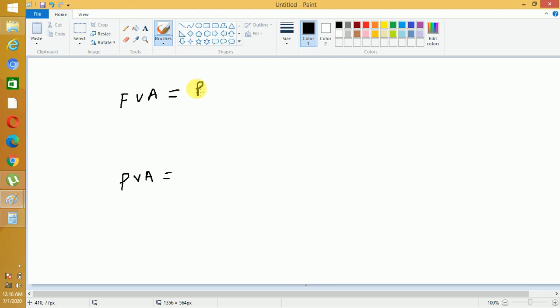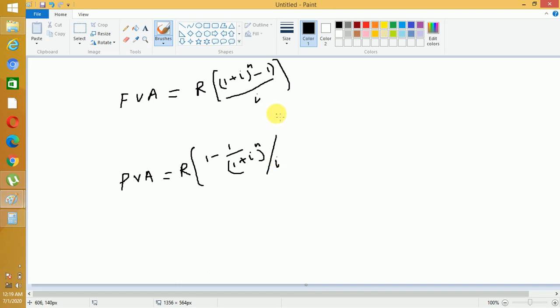Future value of annuity: R into [(1 plus I) raised to the power n minus 1], whole divided by I. And present value: R into [1 minus 1 divided by (1 plus I) raised to the power n], whole divided by I. So this is the formula for future value of annuity, and this is the formula for present value of annuity.